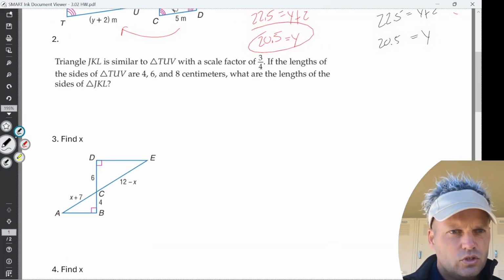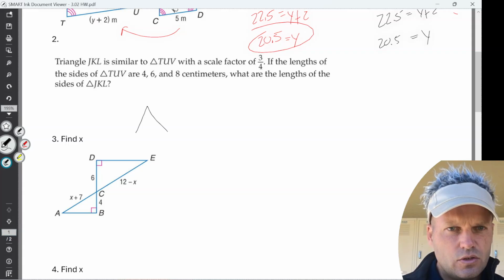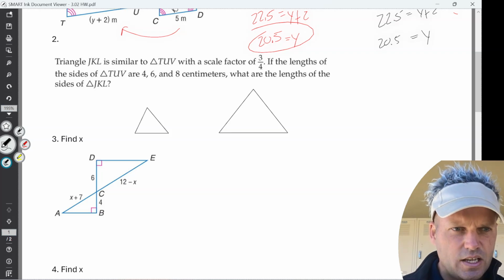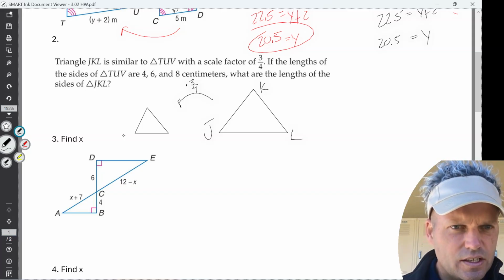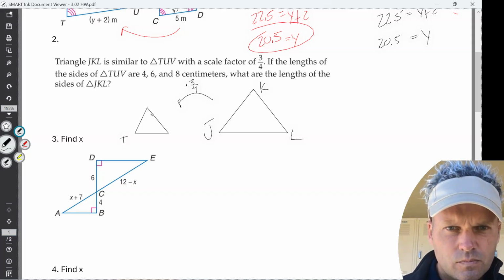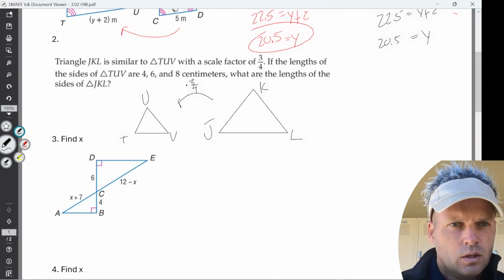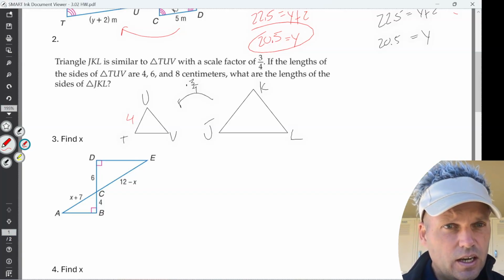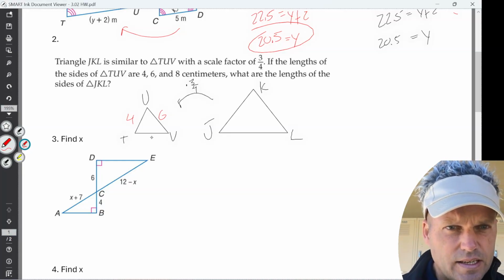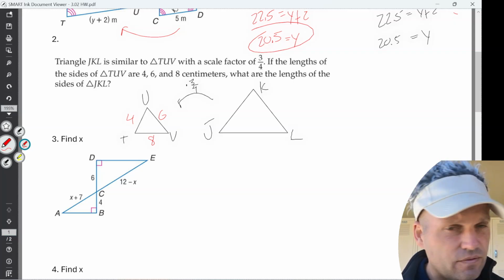Number 2, JKL is similar to TUV with a scale factor of 3/4. Okay, so that just means you take JKL, which will be the bigger triangle, multiply by 3/4, and you'll get TUV. We are told what TUV is. TUV is 4 is TU, 6 is UV, and 8 will be VT or TV.